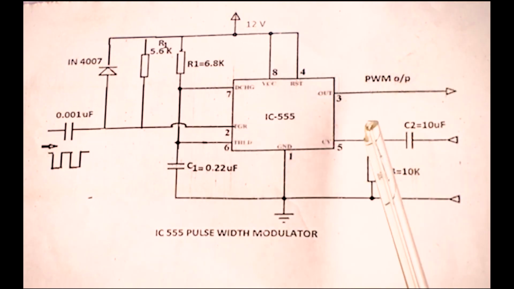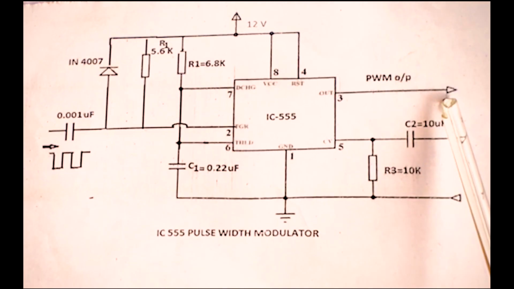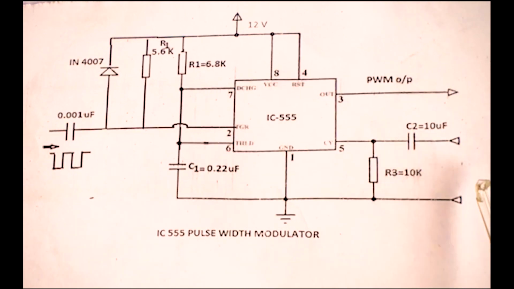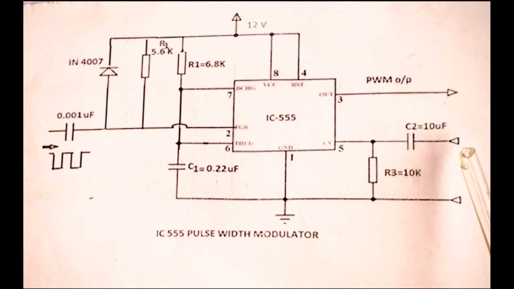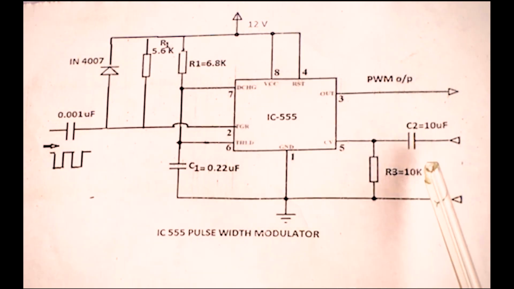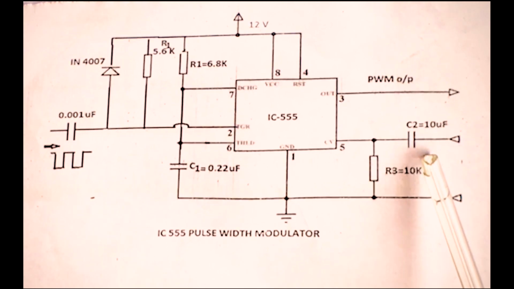Initially the width between pulses and the width of the pulse will be constant, but the pulse width can be modulated by applying a signal to pin number 5 through this coupling capacitor 10 microfarad.